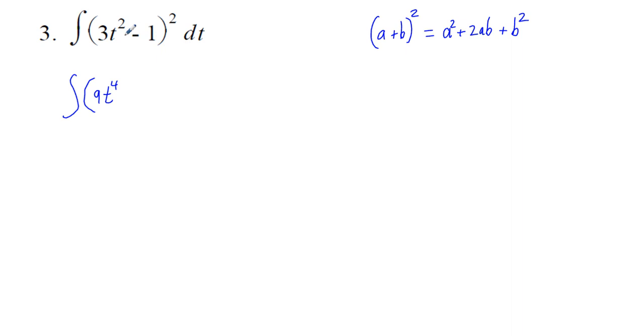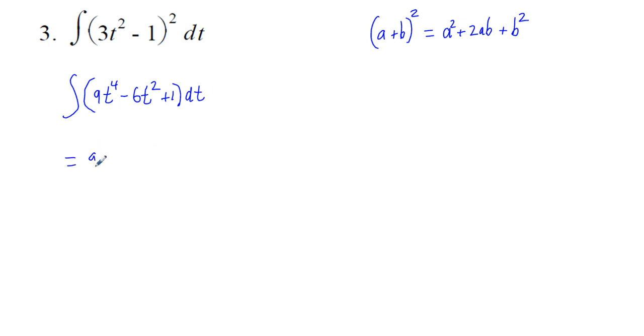So negative 1 times 2 times 3 is going to be negative 6t squared, and then plus b squared. Well, negative 1 squared is 1 dt.